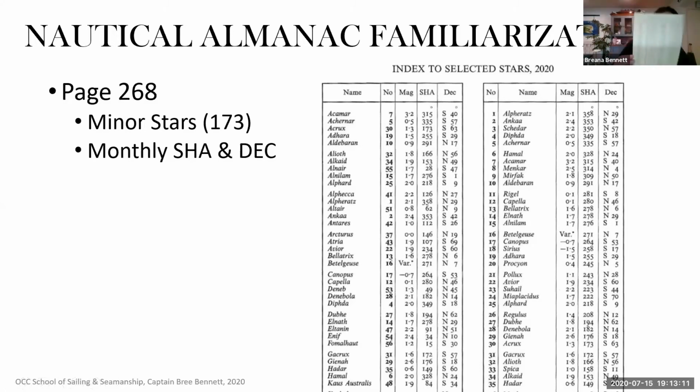Also, there is a yellow bookmark. Has anyone ripped out their yellow bookmark? A quick reference to the selected stars is on your bookmark, as well as your altitude corrections.